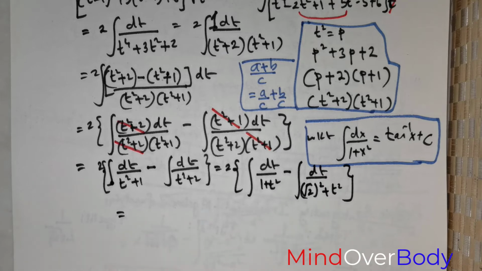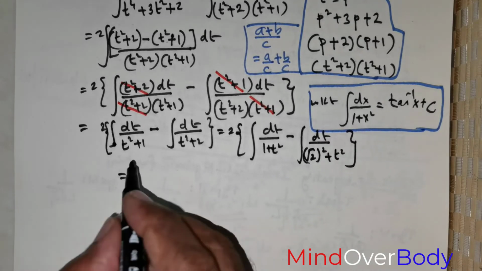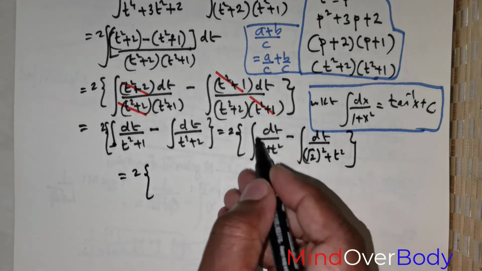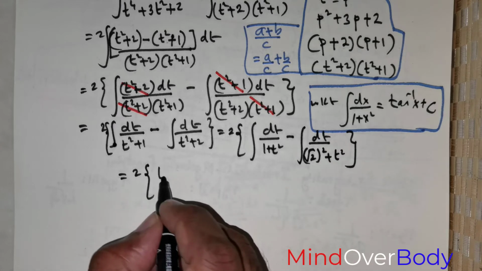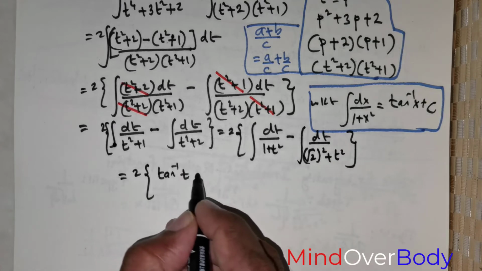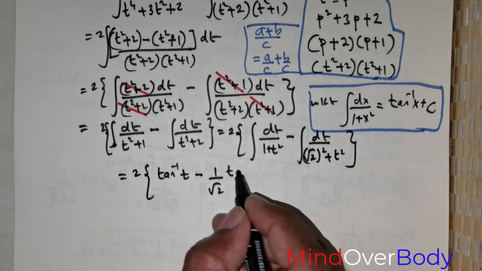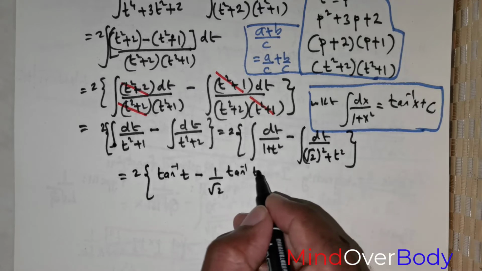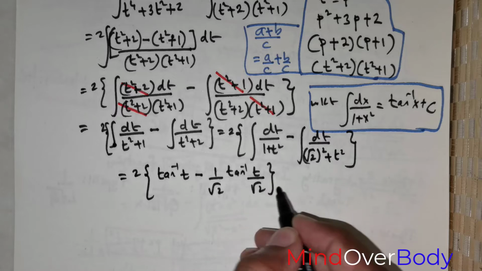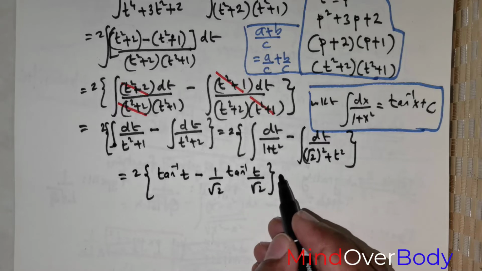So this is going to be equal to 2 times integral of this is going to be tan inverse of t negative 1 over a, that's 1 over root 2, tan inverse of t over root of 2. I'm not placing the arbitrary constant as yet.